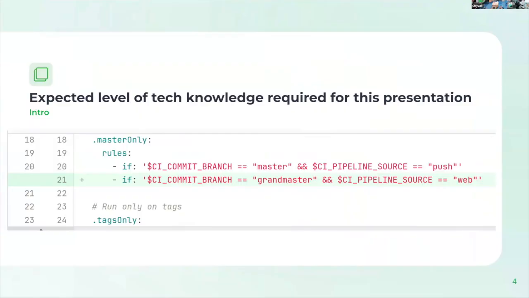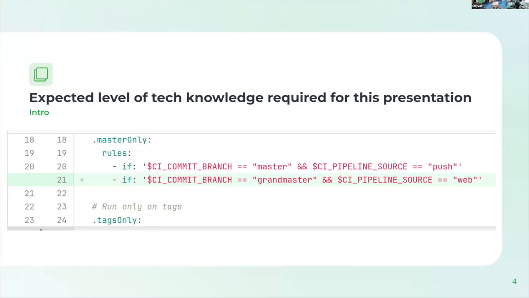So the level of expected knowledge to understand this presentation: this is a workaround. I'm 100% guessing, but I think we are all familiar with testing on master, since master usually goes into production in most cases. You need some setup to allow you to test on master, even though it doesn't really apply.